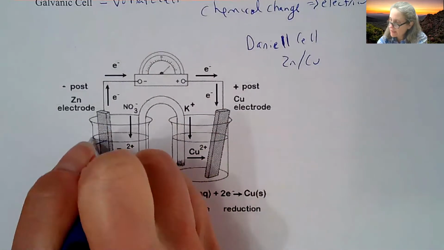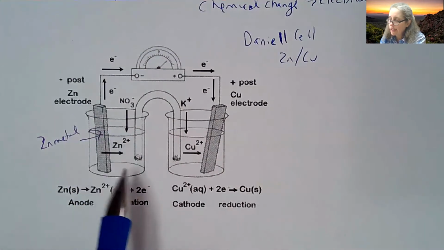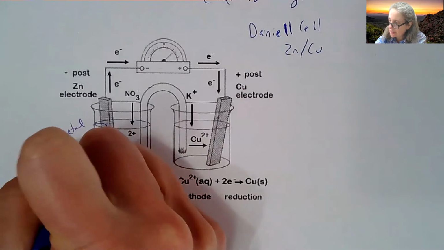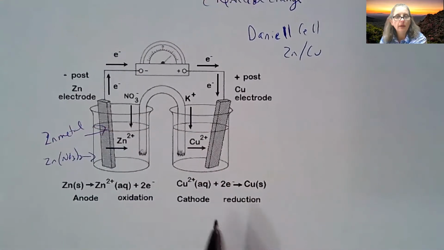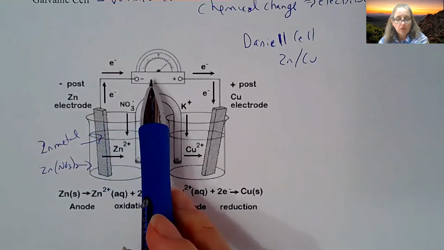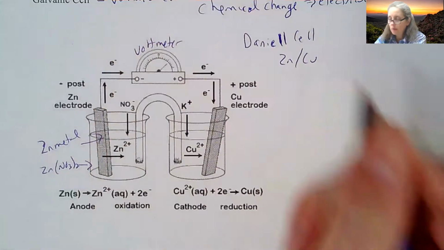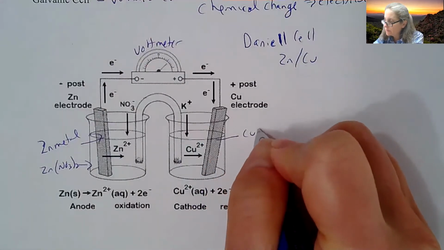Realize that this is a piece of zinc metal in a solution of zinc ions. This could be zinc nitrate in the beaker. It is then connected to, again, a voltmeter or a light bulb. And over here I have a piece of copper metal.